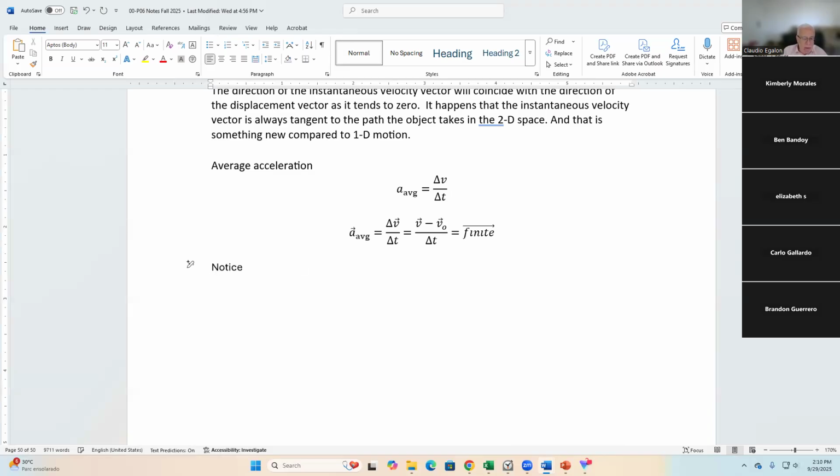Okay, note that the average acceleration vector is parallel to delta V. Parallel to the delta V vector. Okay, the delta V vector.